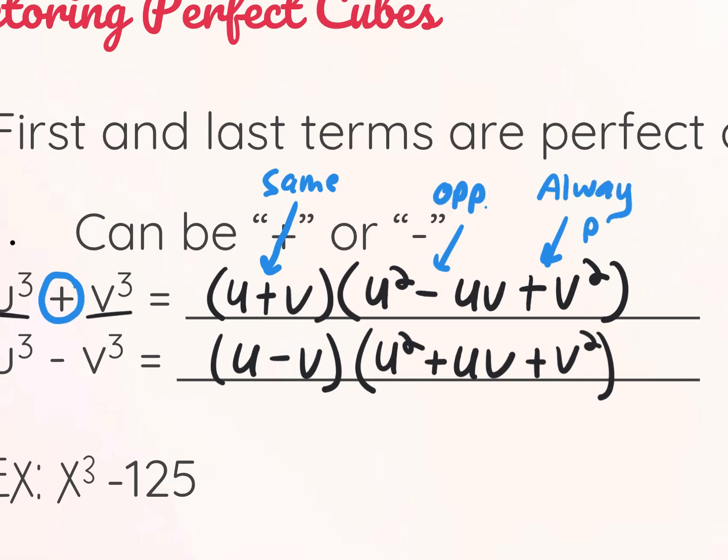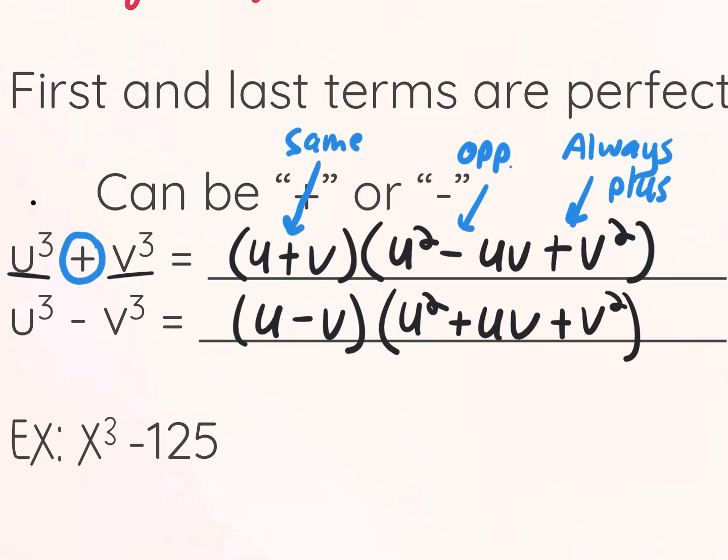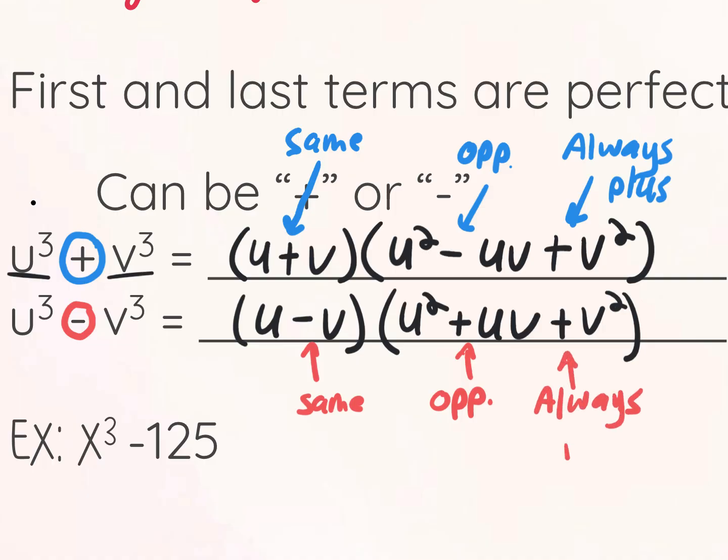So it's going to be same, opposite, always plus. Same exact thing if it was a minus, right? Since you see a minus here, this first sign is going to be the same as what you see in the middle. The second one that you see is going to be the opposite of what you see in the middle, and the last one is always going to be plus.